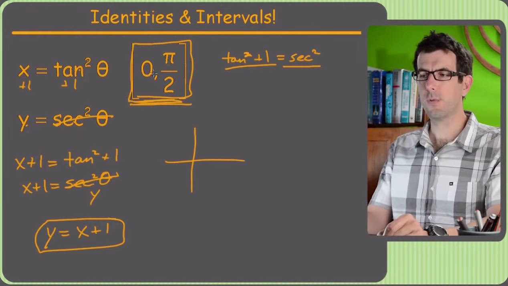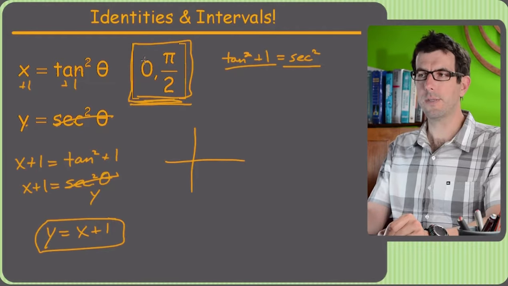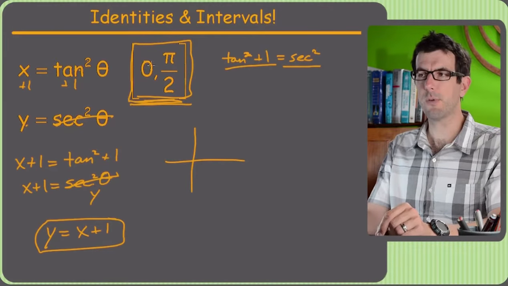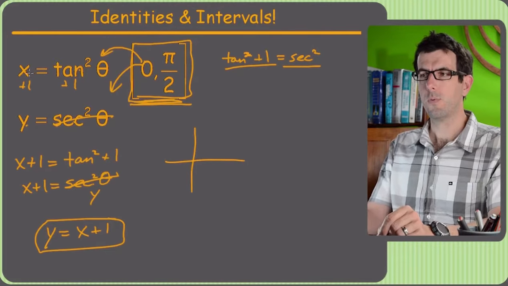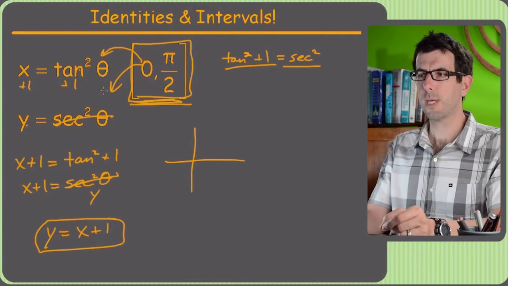So the way we'll do it is, we know it's the line y equals x plus 1, so we'll just try plugging in each end of the interval and figure that it includes everything in between. So if you plug in 0, we'll get x equals the tangent of 0, which is 0, squared is 0. So we get x equals 0.